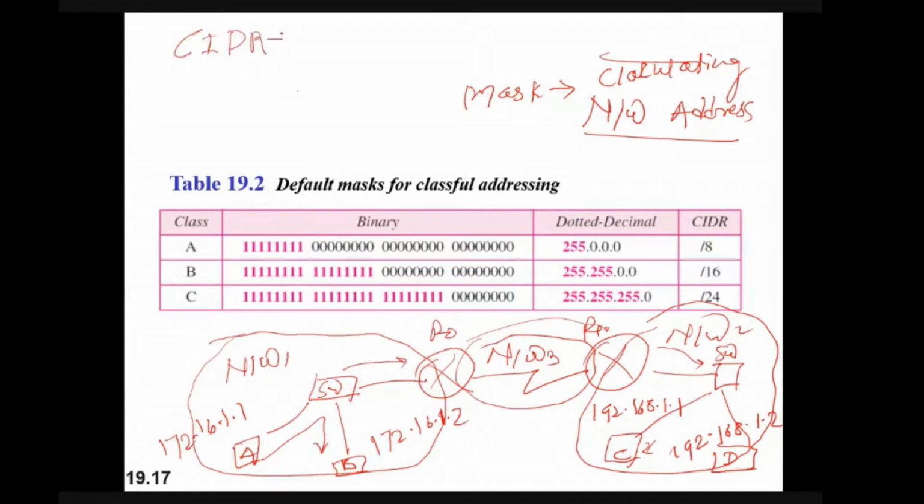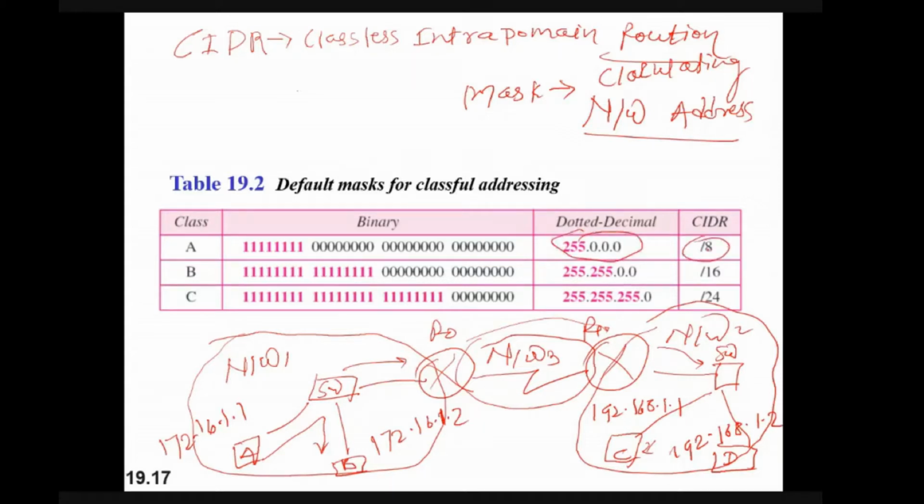CIDR stands for classless interdomain routing. So this is another representation of the mask. This mask can be represented like this, or it can be represented like this.